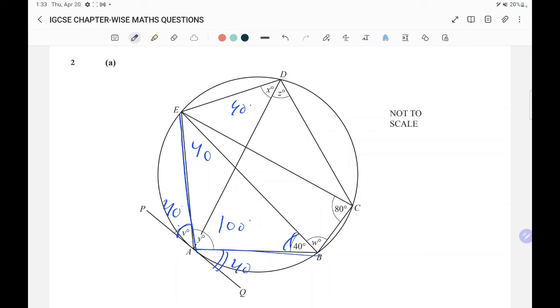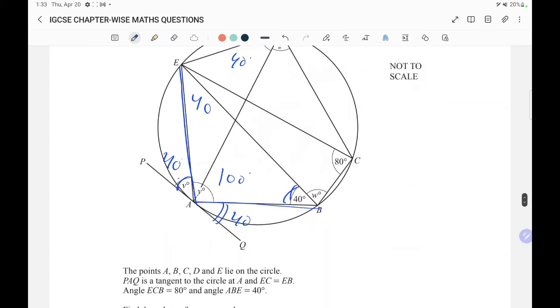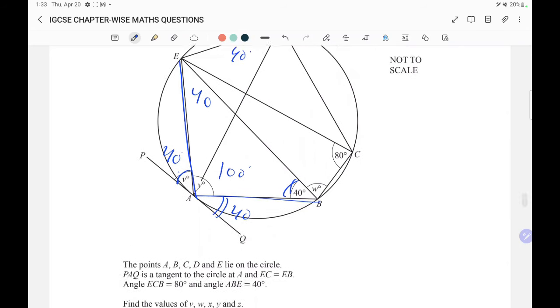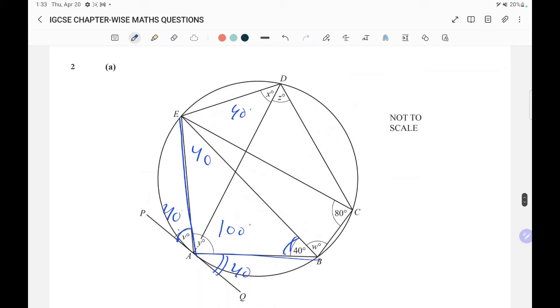Next, what we need to find, EB is the diameter. We need to find Z and W, right?